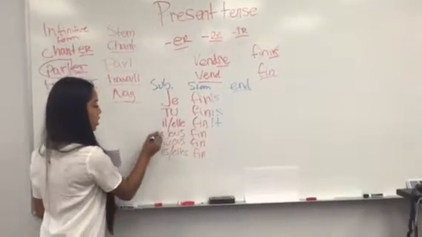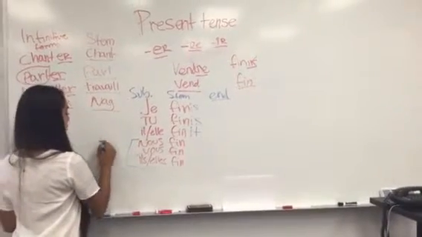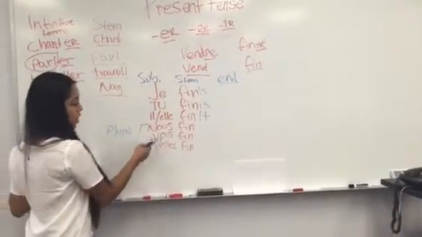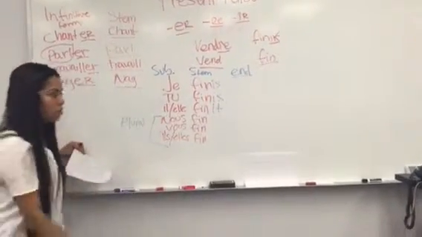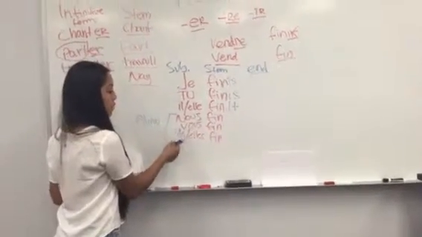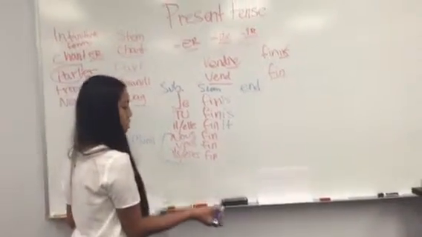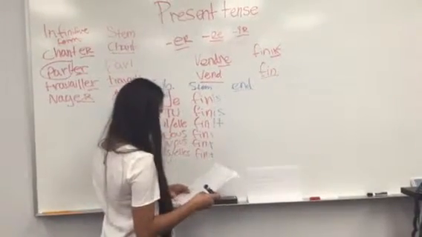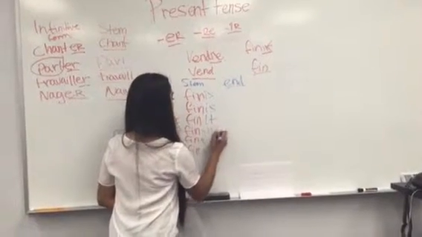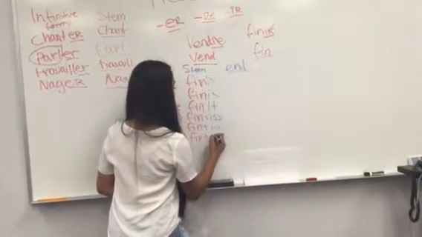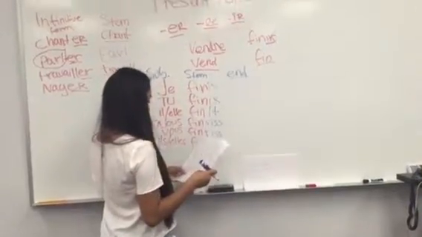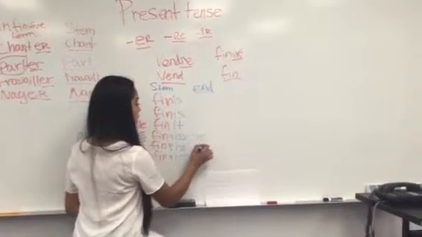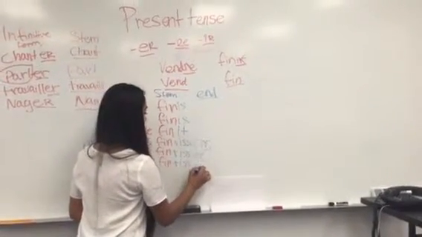Right here in these three it changes a little bit because they're plural. This is we, so it's more than one person. When you're talking to vous, you're talking to all, so again, more than one person. And they is more than one person also. So you're going to add some S's for plural. And then the regular endings that we've done the whole time, ONS, EZ, and ENT.